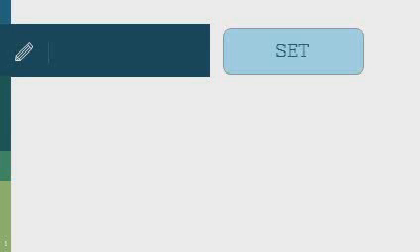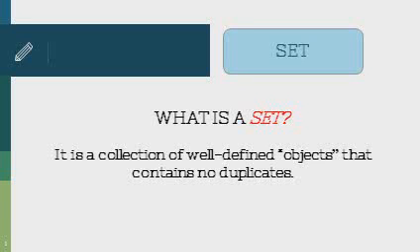Okay, so the next topic for this chapter is set. What is it? It is a collection of well-defined objects that contains no duplicates. Again, it is a collection of objects.